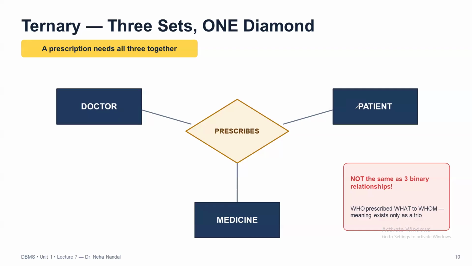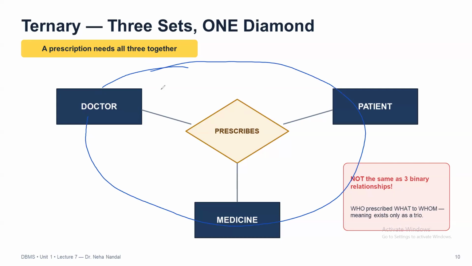In this way also, we can make three different binary relationships. Now, why is this not enough? We are using this ternary relationship in which three sets are used, because the meaning lives only in the trio. The actual meaning is dictated when we use it as a trio.